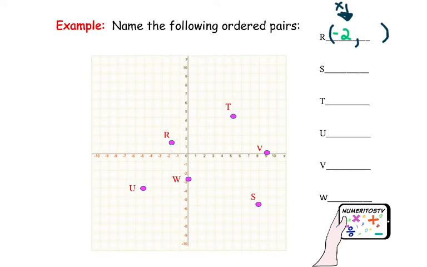And then where it is positioned on the y-axis. So I can see that it is also positioned at +1. So my ordered pair will be (-2, 1). Remember that the second number is your y-axis or your y movement.